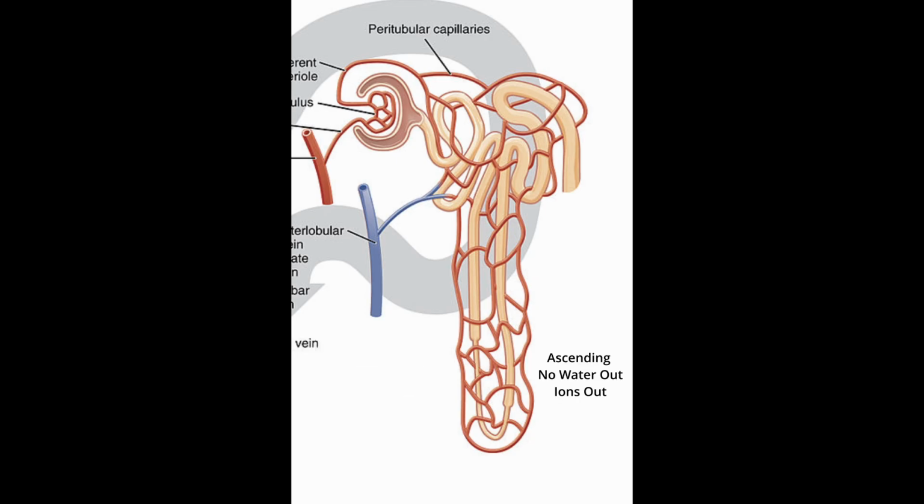Instead, ions flow out: sodium, potassium, calcium, magnesium, and chloride. Because the ascending portion dumps out all these ions, it makes the descending portion of the loop, which is right next to it, more salty. Since water follows salt, it causes water to flow out of the descending portion, but not the ascending portion.